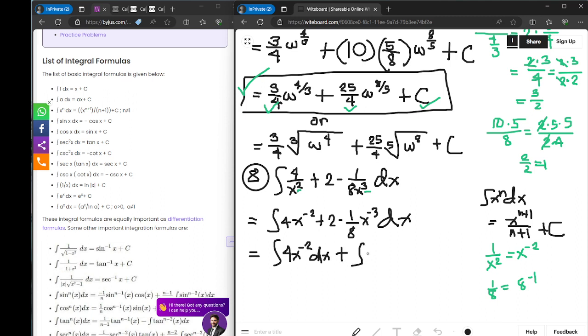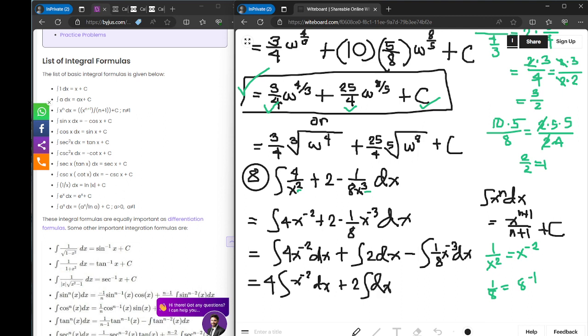Plus the integral of 2 dx minus the integral of 1 over 8 x cubed dx. Then we will move out the constant value. We have 4 integral of x to the negative 2 dx plus 2 times the integral of dx minus 1 over 8 integral of x to the negative 3 dx.